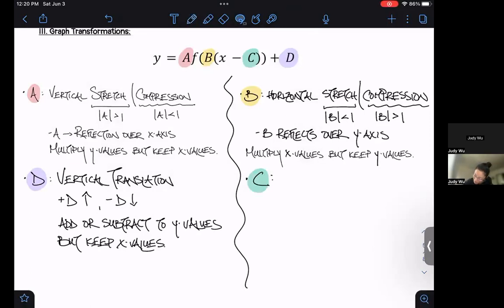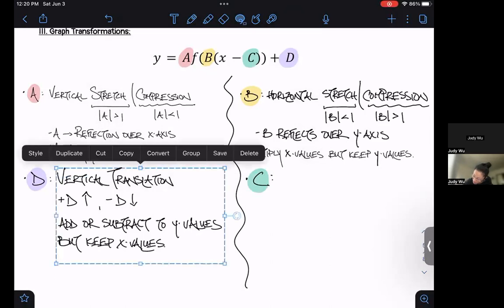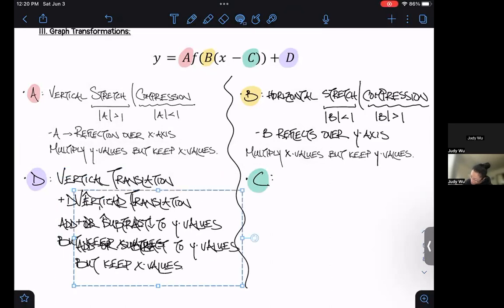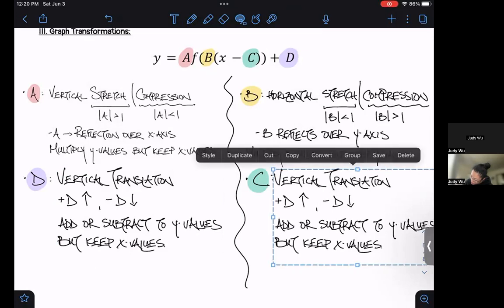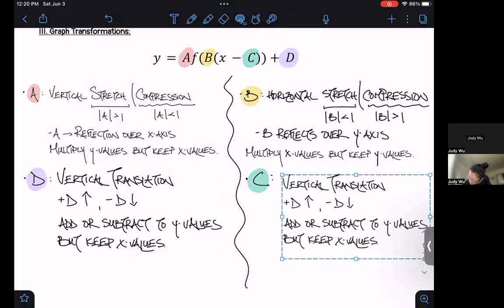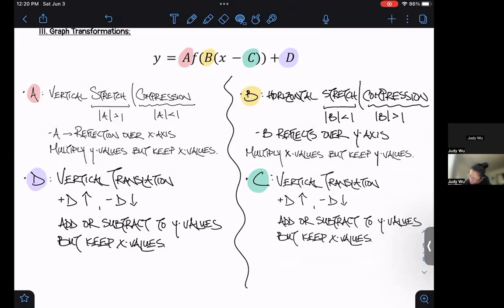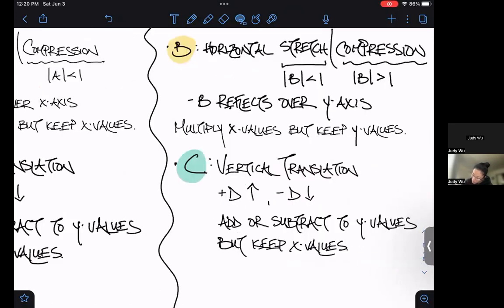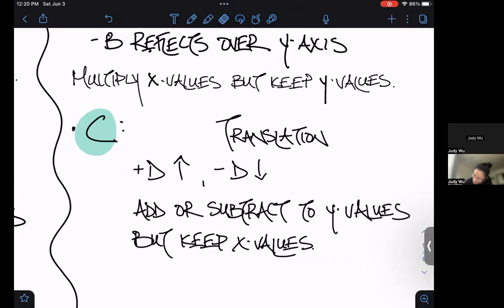All right, now I'm going to grab what I had written over here. We're going to duplicate it, and then we're going to modify as we need. Okay, so we don't want a vertical translation, but it is a horizontal translation.